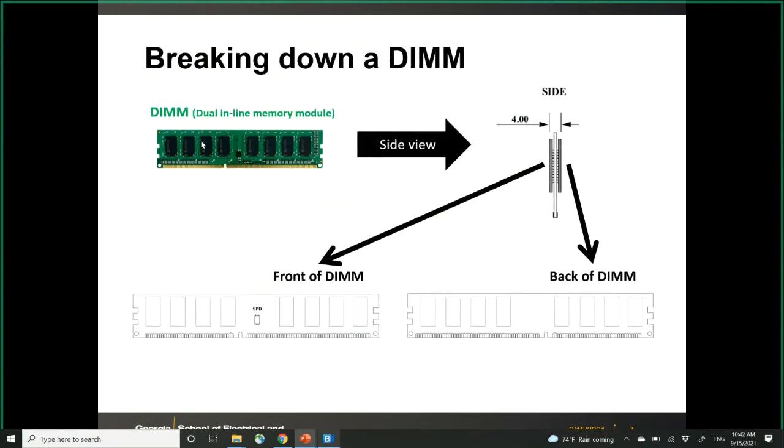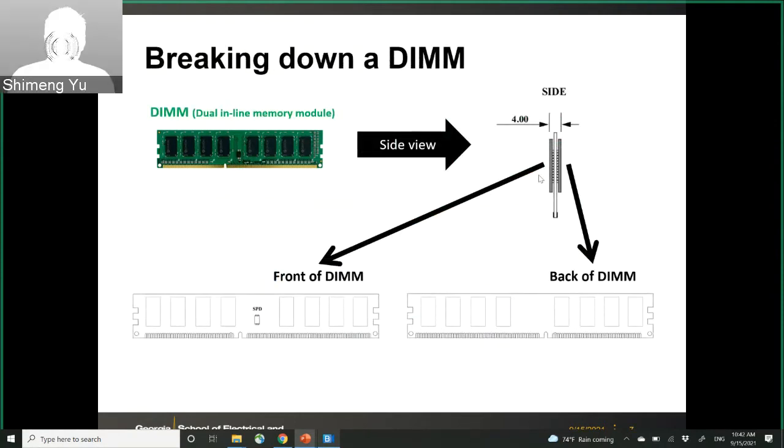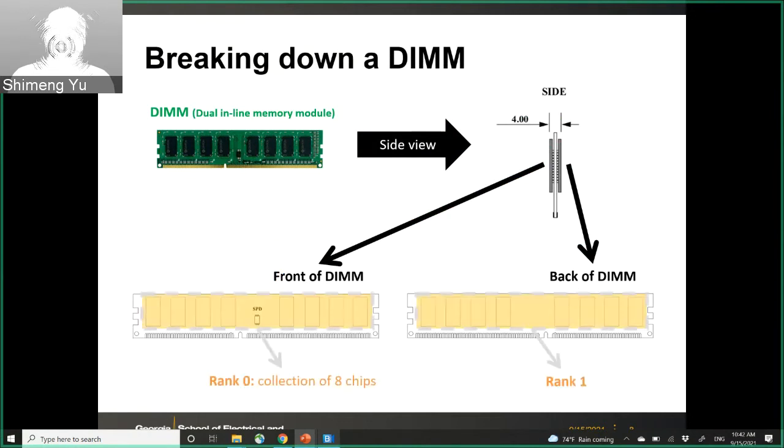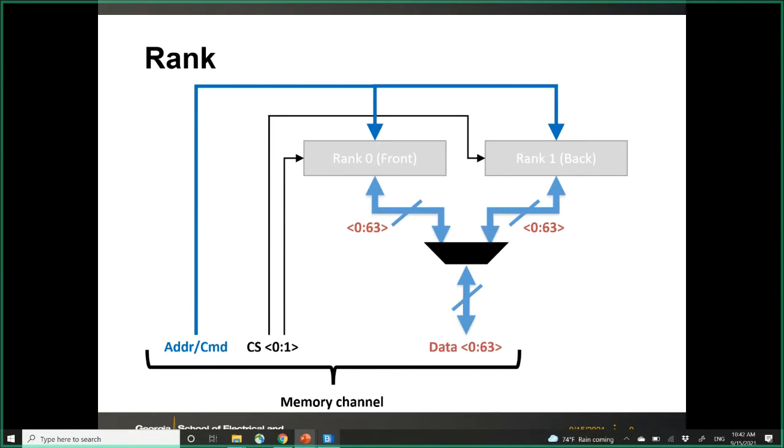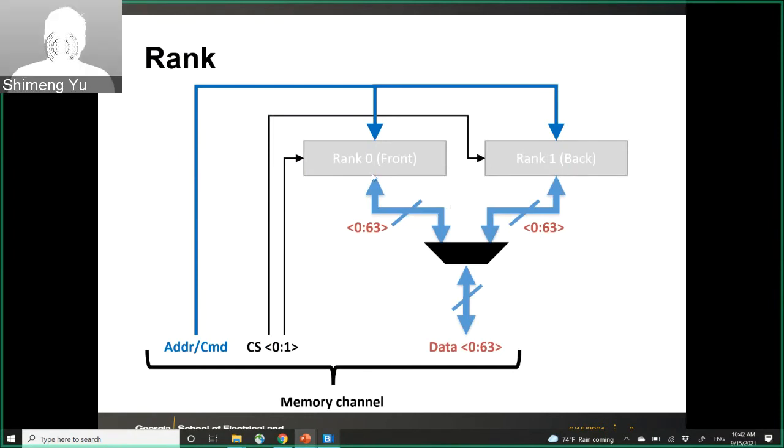And then if you look at the DIMM, sometimes you may have a front side and back side. Each side is sometimes called a rank, like the front rank and back rank. Sometimes you only have one side. Here, for example, you have 2 ranks, front and back.